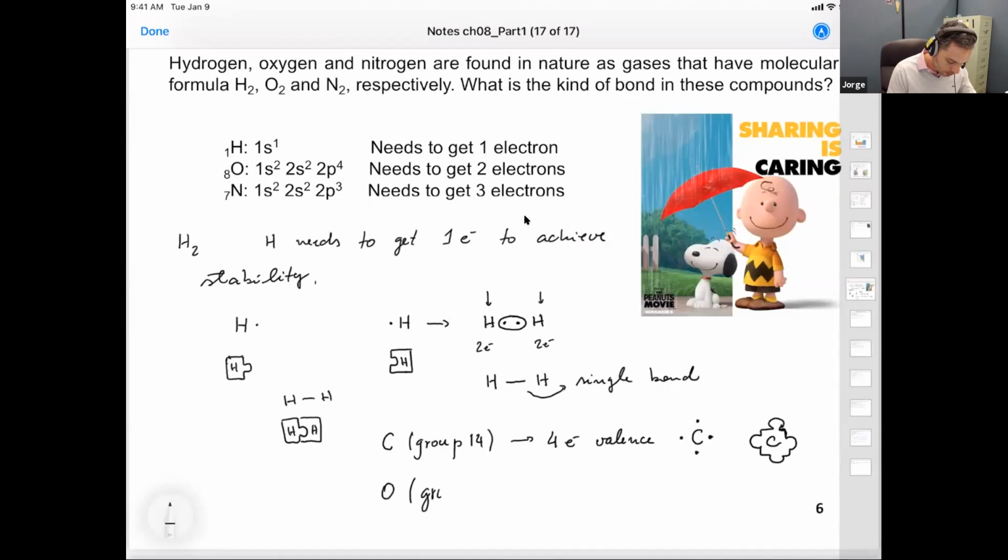now oxygen is from group 16. Therefore, 6 electrons in the valence shell. Let's draw the Lewis representation for the oxygen atom: the symbol of the element, and then we will fit 6 electrons, 6 dots around oxygen.